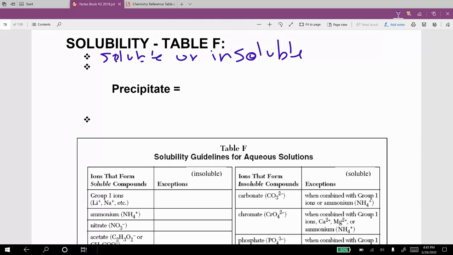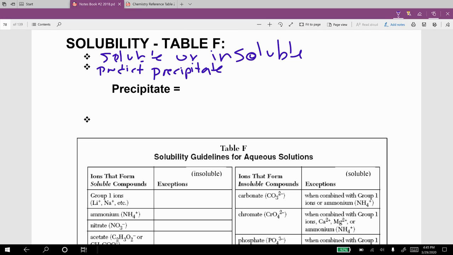Okay, and it also is going to allow us to predict a precipitate. You're like, precipitation, are we talking about rain and snow? I'm not talking about rain and snow, but what do rain and snow do? They kind of fall from the sky.